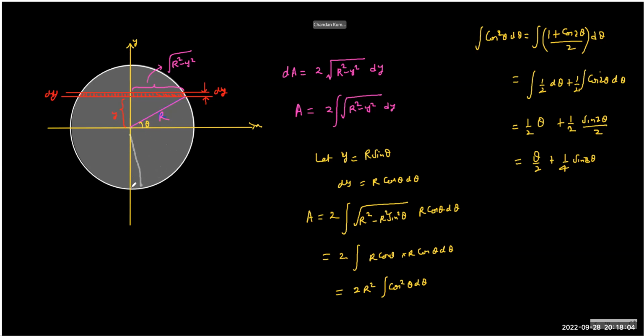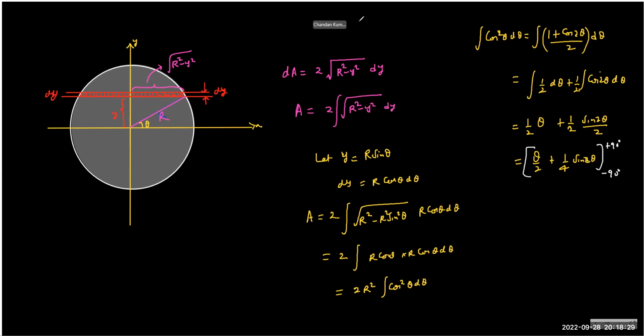So to come to the bottommost, how much do you have to turn back? You have to turn by pi by 2, right? So you have to turn by minus 90. Therefore, this integration will be from minus 90 degree to plus 90 degree.